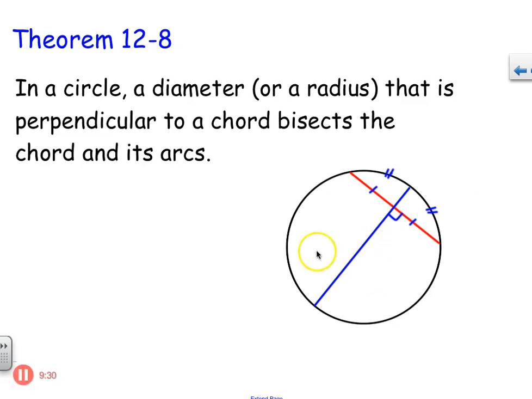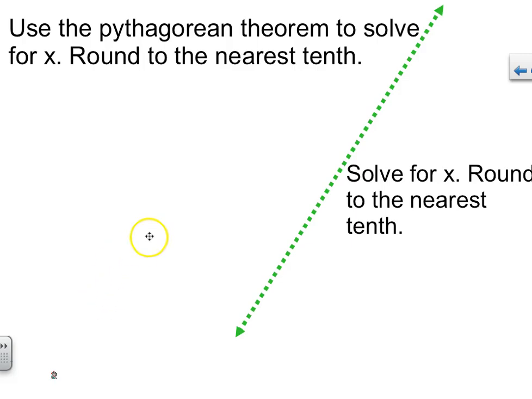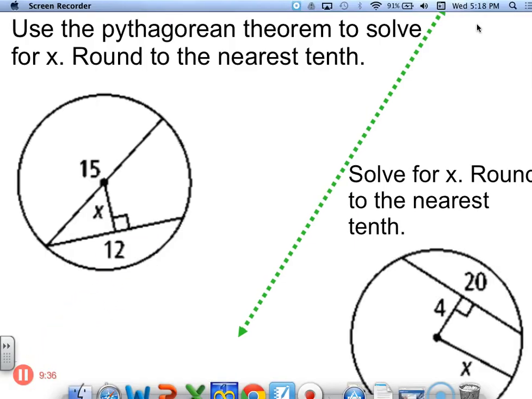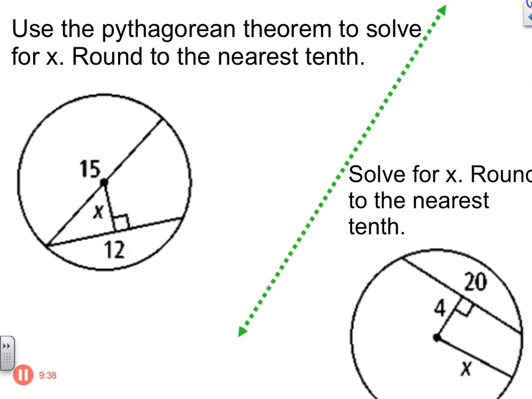So let's take a look at some example problems. In this example problem, it tells me to use the Pythagorean theorem to solve for x. So notice I have a chord, and I've got my diameter. If you go from the diameter to a chord, you're going to have a 90-degree angle. So I need to look at this small right triangle.